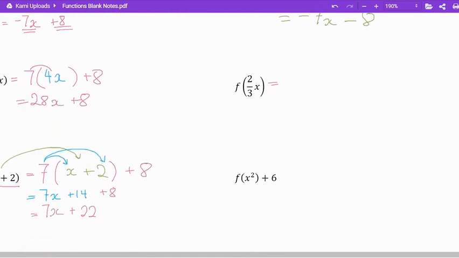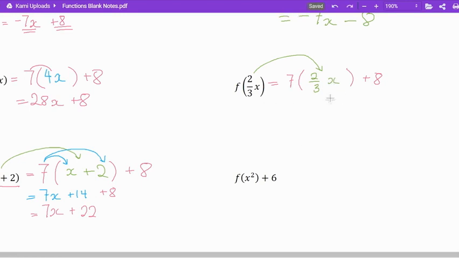And then what if our input is a fraction with a variable? Well, let's see. So once again, because the input is changing, I write the function as is, and the input is written as given, 2 over 3x. I see that I'm multiplying the 7 by the input. So if you need to, make the 7 into a fraction, multiply the numerators and the denominators.